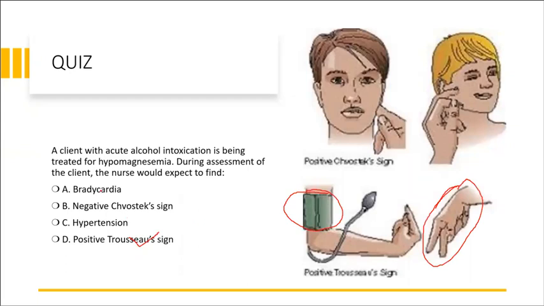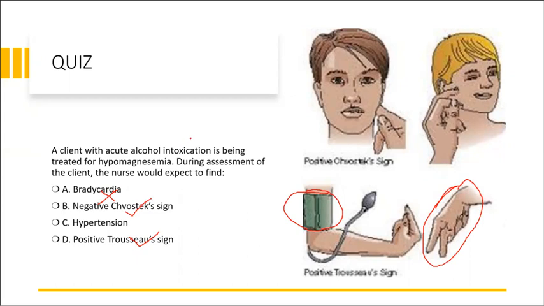Okay, A is also incorrect because the client would have tachycardia and not bradycardia. B is also incorrect because the client would have a positive Chvostek sign. What's a Chvostek sign again? It's a clinical finding that's associated with hypocalcemia, or low levels of calcium in the blood.